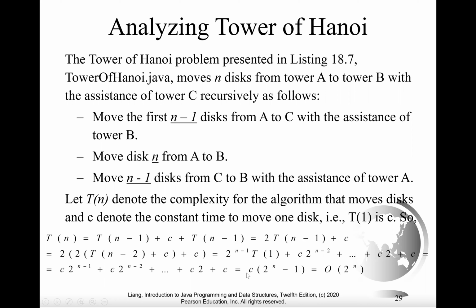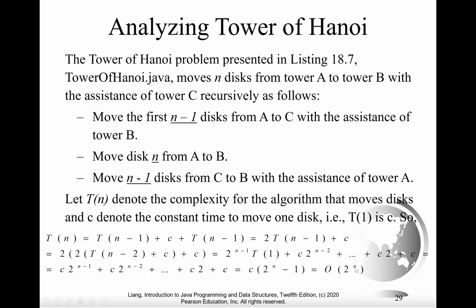Add all this together, and this is C times (2^n minus 1). Ignoring the constant and the non-dominating part, we get order of 2^n. Now, n is the exponent here, 2^n. This is called exponential time.